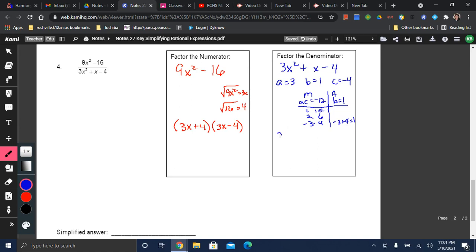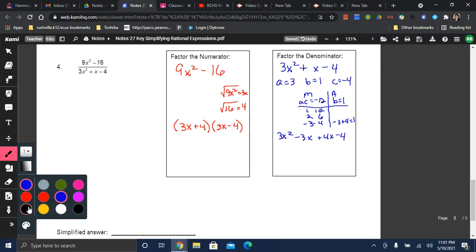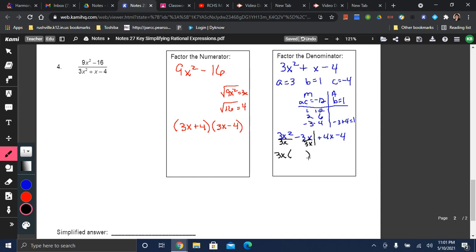So we have 3x to the second minus 3x plus 4x minus 4. We'll do a cut line dividing by 3x. And so that will give us 3x times, and then inside we would have x minus 1. We can divide these two terms both by 4. It is a positive 4.